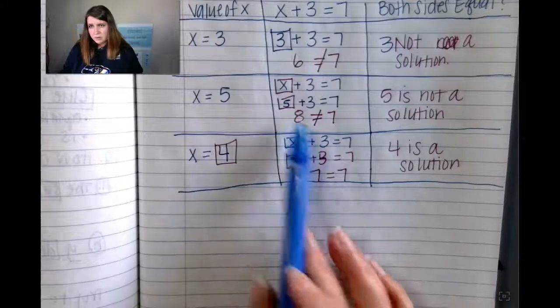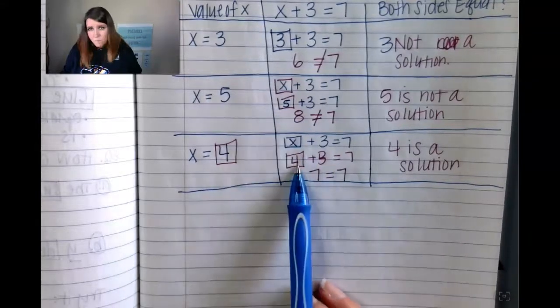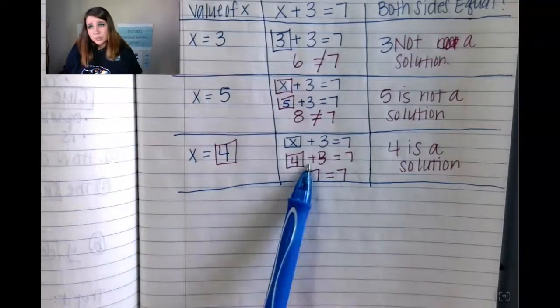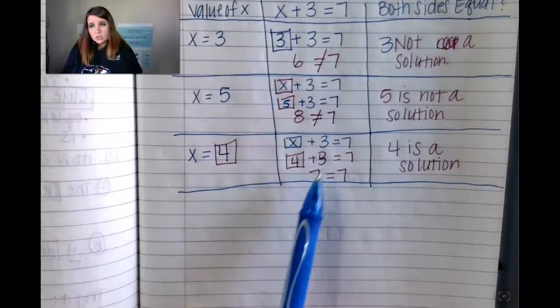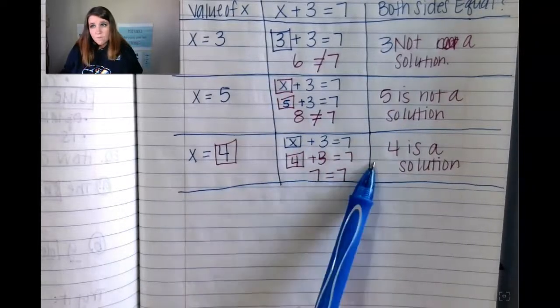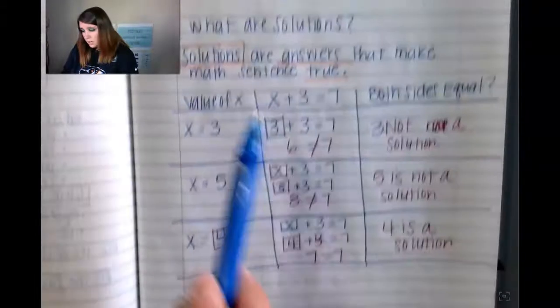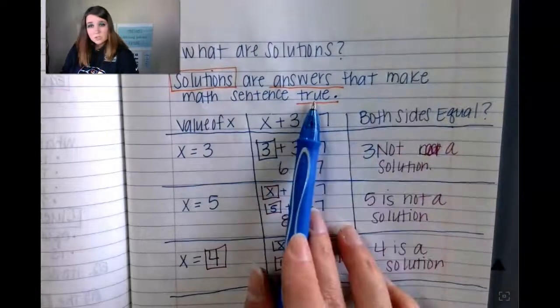Over here, 5, not a solution. Here, 4 was a solution. So 4 has to work. That's the one that makes it true. Not true, not true, not a solution, not a solution, a solution. 4 was the solution. So we're looking at this word solution and knowing that solutions are answers that make sentences true.